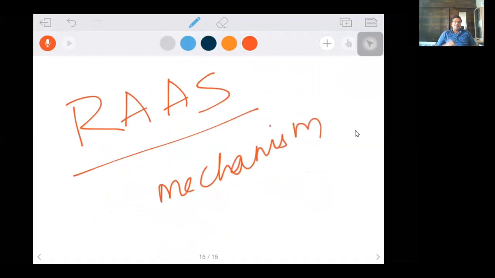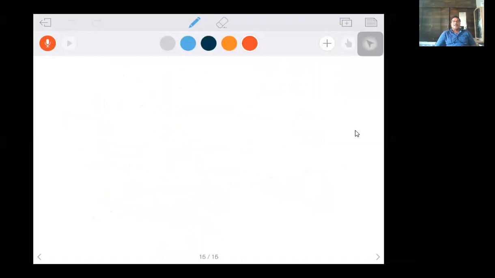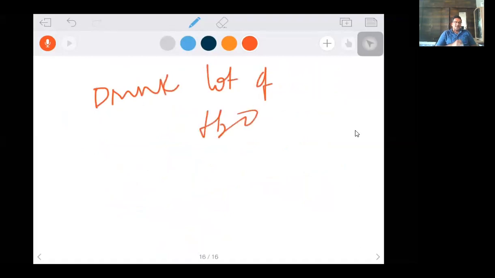Okay, we'll look at a contrast to this. For example, you have taken a lot of water. What happens when you drink a lot of water, when sweating is not happening?